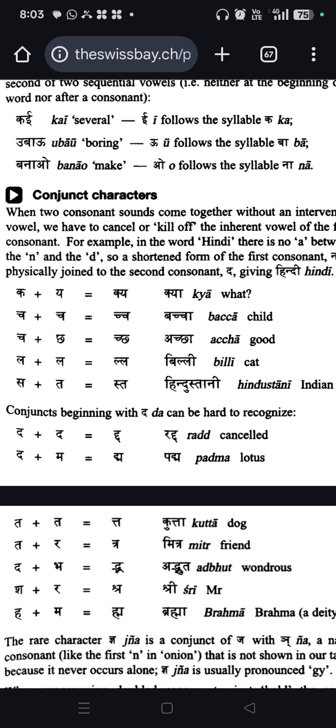So we have ka varga, cha varga, ta varga, ta varga and pa varga. So that should be ja. So it starts off with ch, but it ends with ja, which means good.